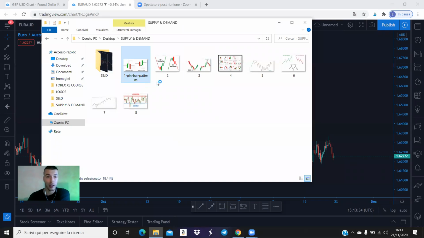If it loads, I don't know why it's taking some time to actually open the picture.